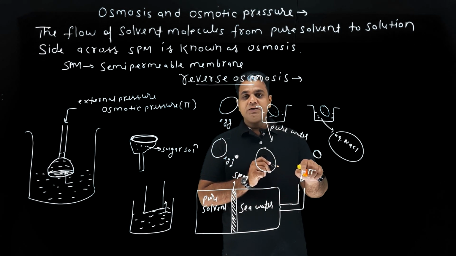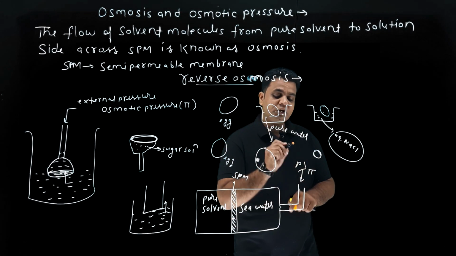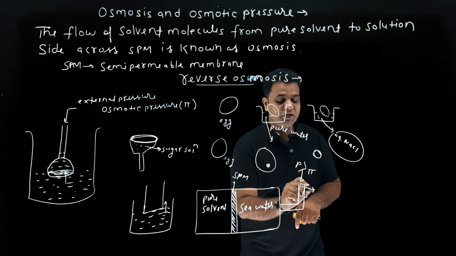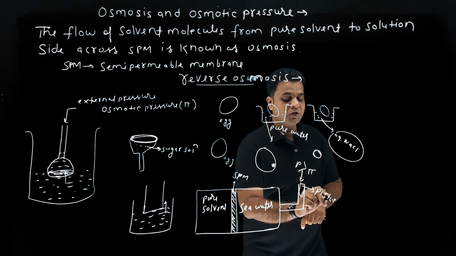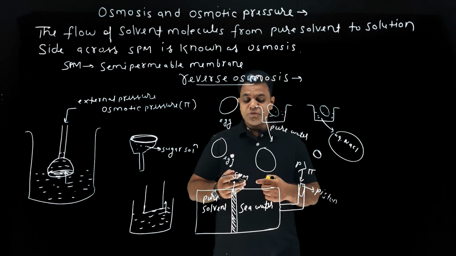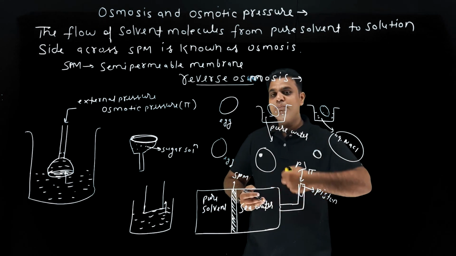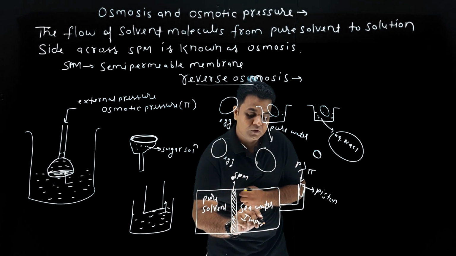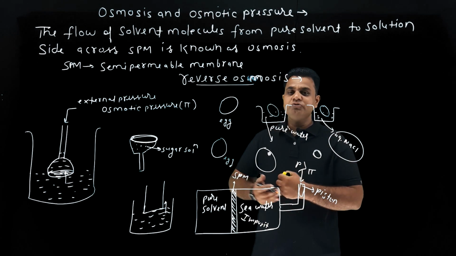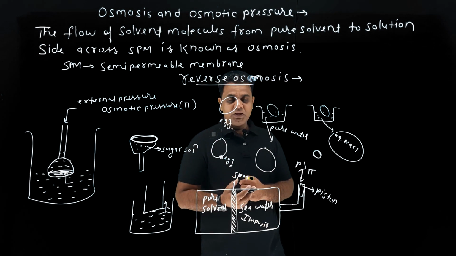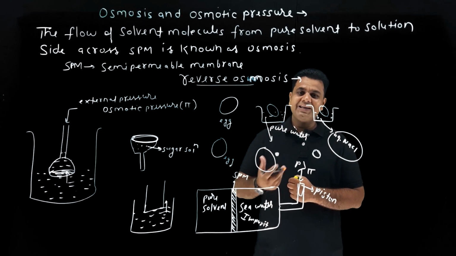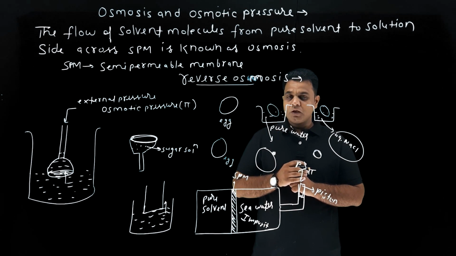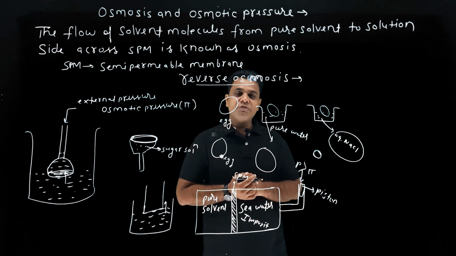If, students, we apply pressure greater than osmotic pressure on this solution side, taking one piston here, then water molecules flow from the solution side to the pure solvent side, and impurities remain here. So by using this technique, seawater can be made drinkable. This is known as the reverse osmosis technique. We use this technique to purify drinking water.